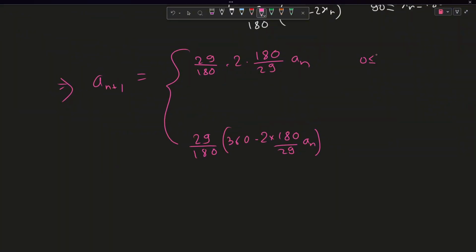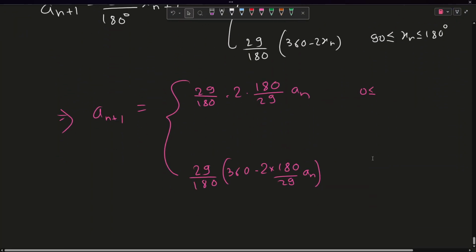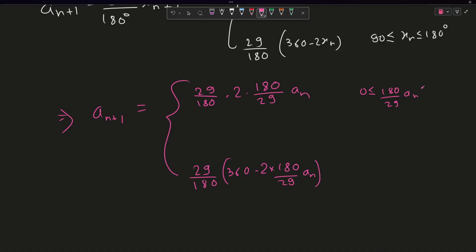Similarly, to get the condition also here, we substitute xn. We get 180 by 29 a of n, 90, and then 90, 180 by 29 a of n, and this will be 180.